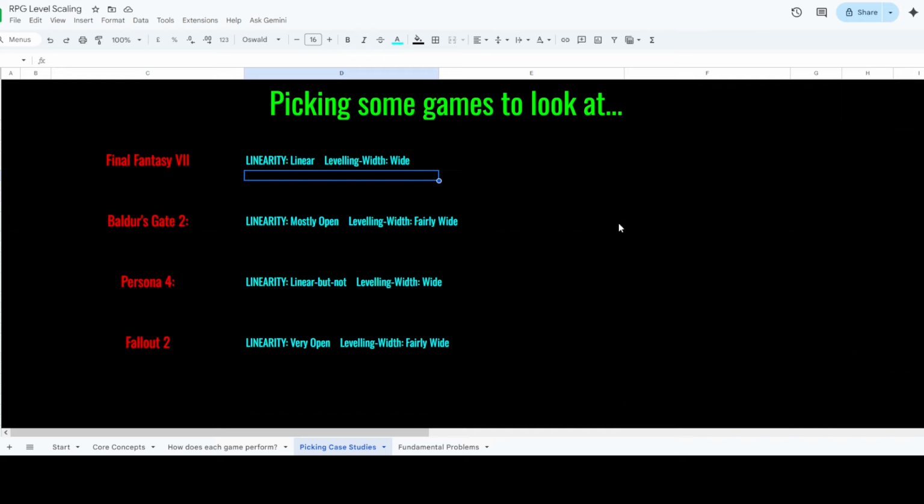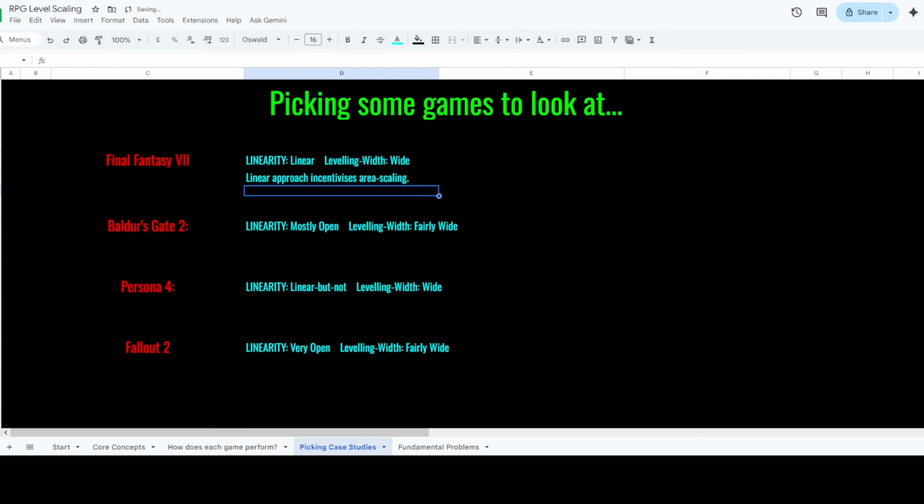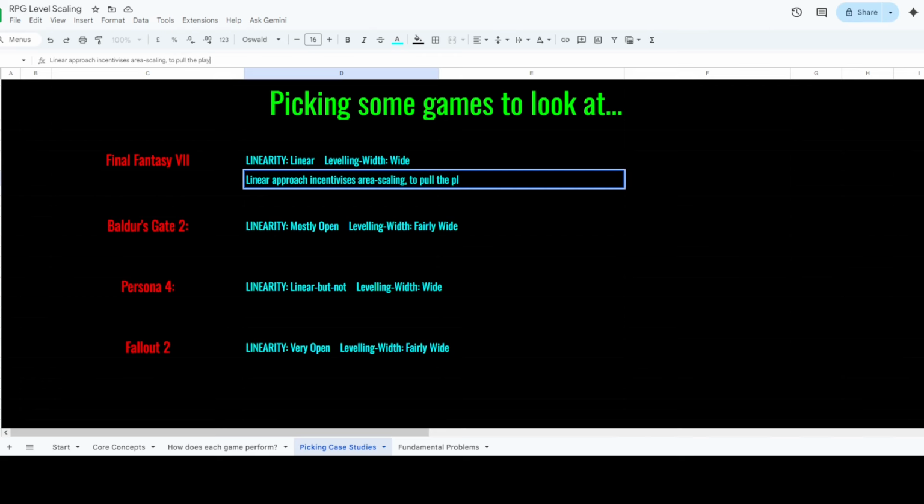When you're making a game as linear as Final Fantasy VII, you're almost incentivized, well, you are incentivized, I think, to make that an area-based scaling, to pull the player along through the narrative.